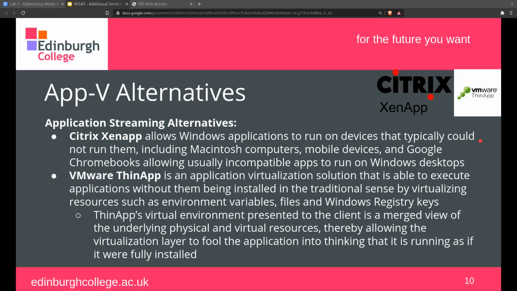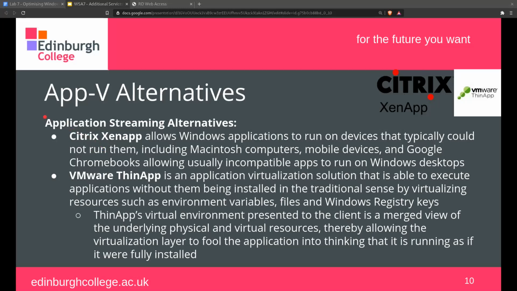So you could run a specific Windows app on a Mac or a mobile device using one of these pieces of software here. Okay, so VMware make their own application virtualization software called VMware ThinApp, and Citrix make their own one called Citrix XenApp.